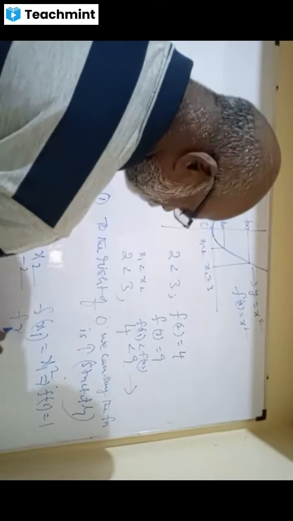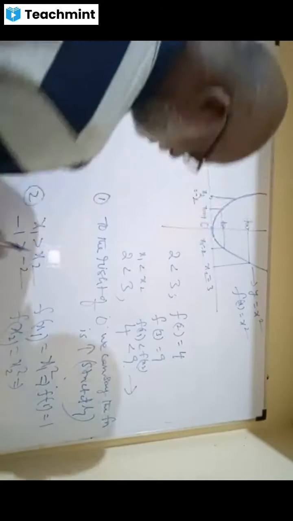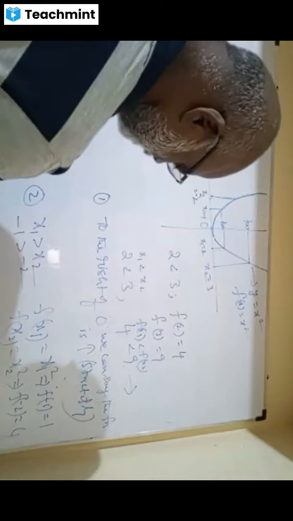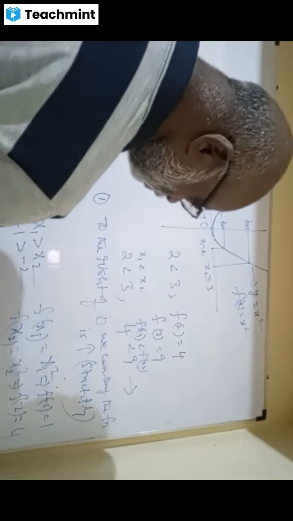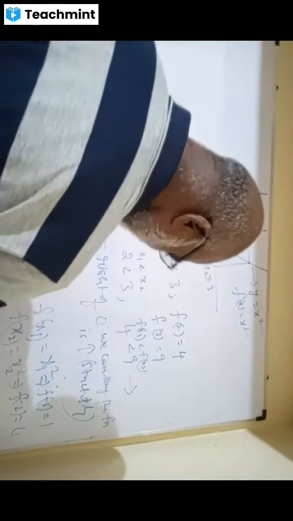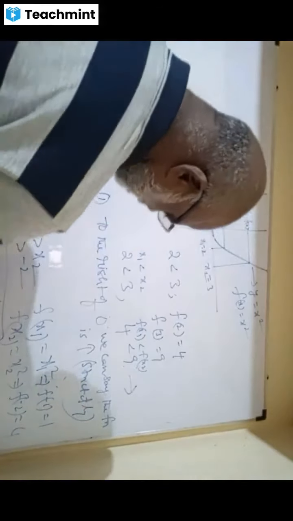F of x2 is nothing but x2 square, and x2 is nothing but -2. That is, f of -2 is nothing but 4. So you are telling that -1 is greater than -2, whereas 1 is less than 4, in the lesser symbol.